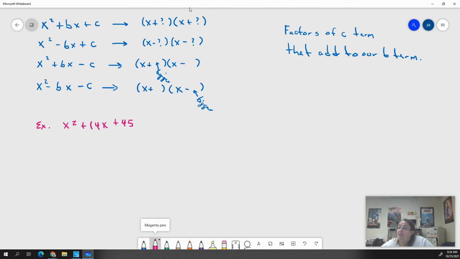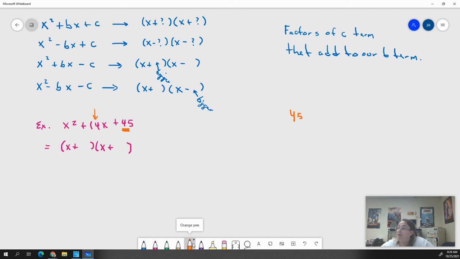So I know that my factors are going to be something x plus something times x plus something else, right? The way I am going to find it is I'm going to find the factors of my C term, right? This is my C term that add up to whatever I have for B. So I need to find the factors of 45 that add to 14.